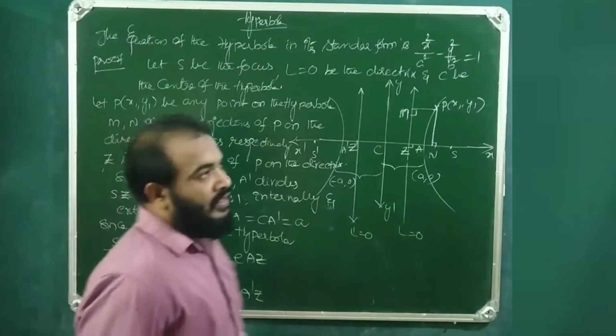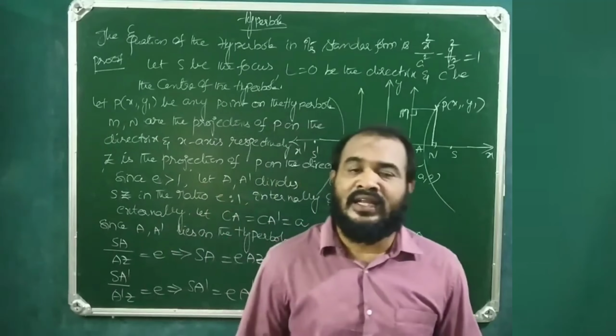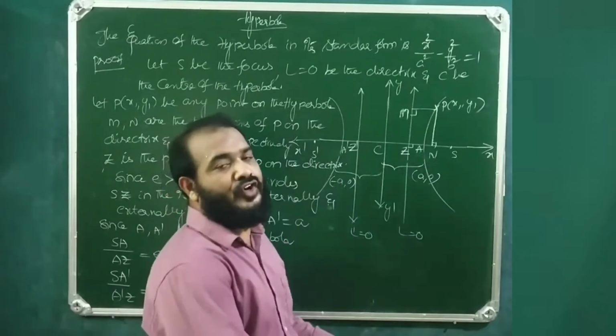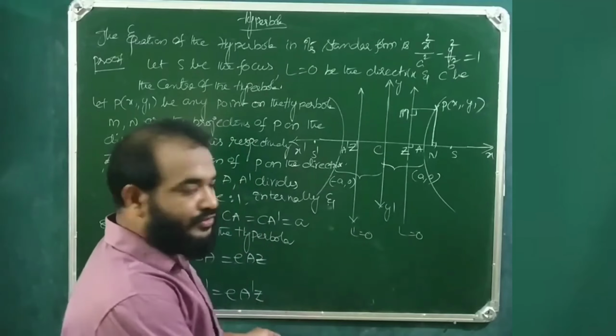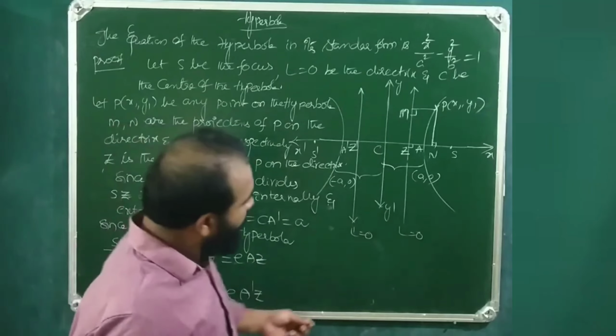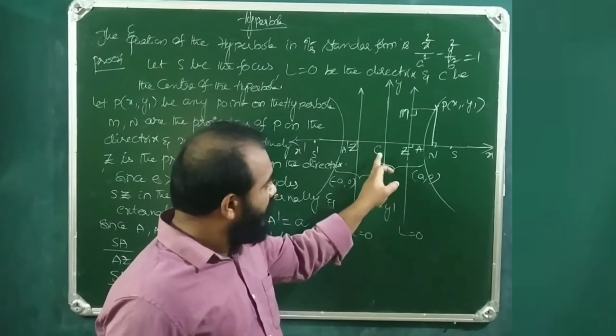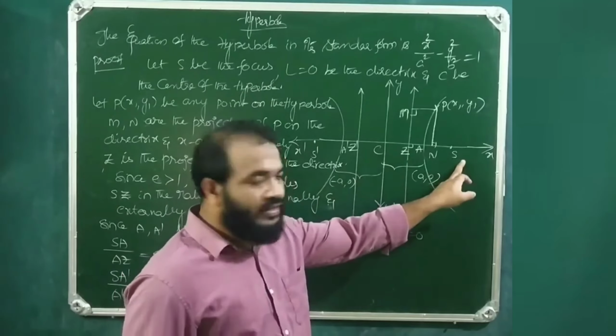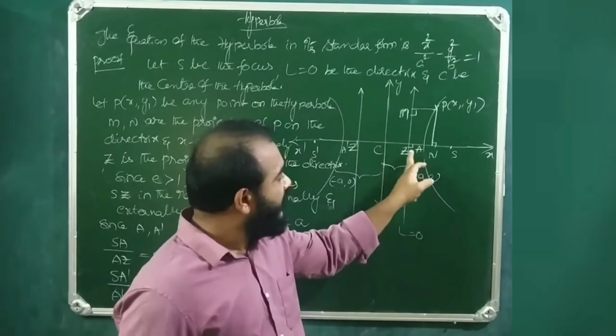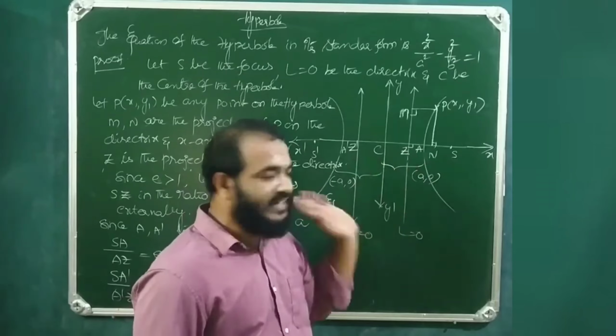So like what we have done in ellipse, the same procedure we are going to do here also. So here I will be finding the distance between the center to the focus and center to the directrix, CS and CZ.